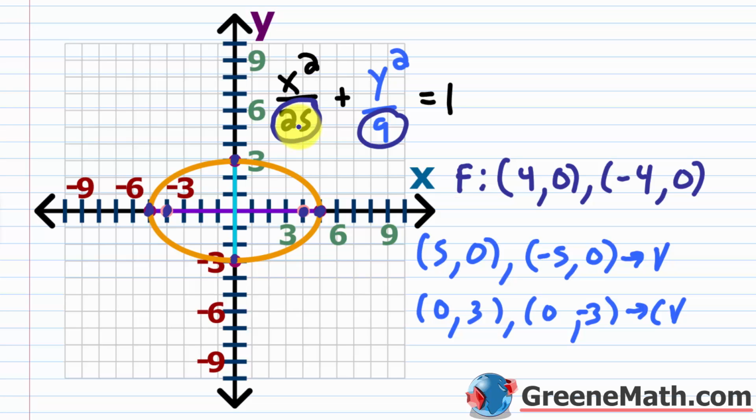The principal square root of this one is bigger than the principal square root of this one. From the center, if the distance to the right is greater than the distance up, the ellipse is stretched further horizontally than vertically.